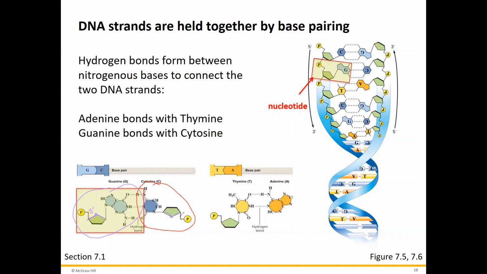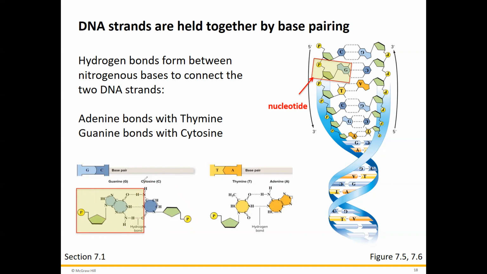But when you look at the phosphate over here, it's going down and out, where this is going up. And then here's your phosphate. This whole nucleotide must be flipped upside down in order to create the hydrogen bonds between these two molecules.